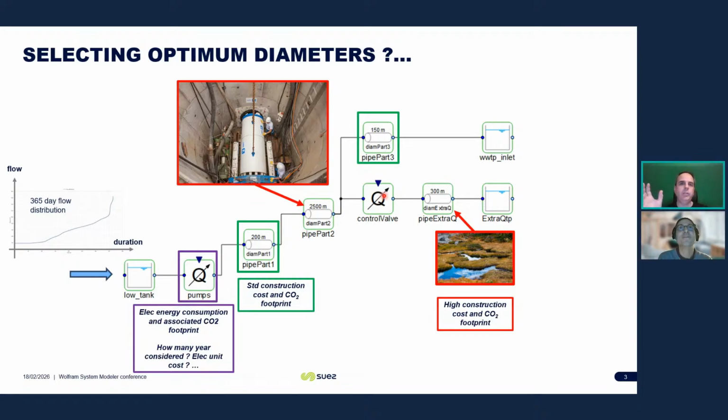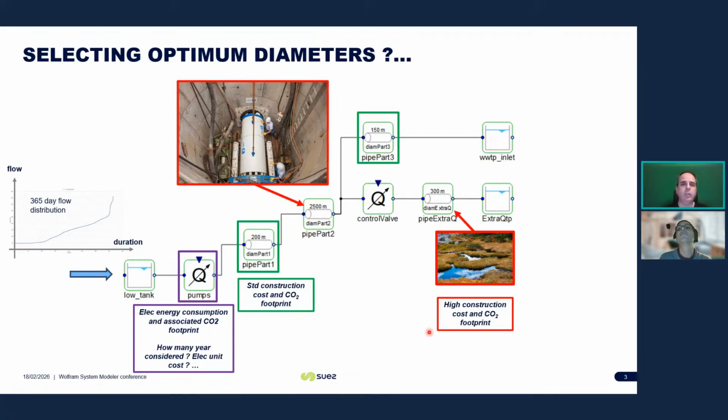So with these simulations, we can address one of the most critical design decisions in water conveyance, that is the selection of optimal pipe diameter, pumps, etc. And this decision is inherently multi-objective because it's a balance of competing criteria like hydraulic performance, construction costs, environmental footprint.